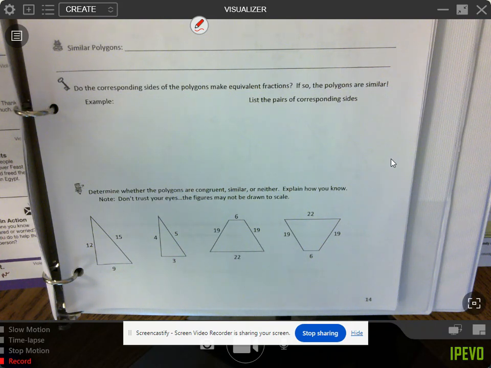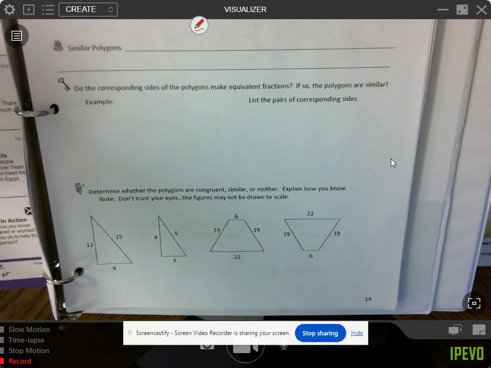What do you think, Madeline? Not some are the same and some are different. Good guess though, Amanda. That's exactly it. Congruent is same shape, same size. Similar is same shape, different size.